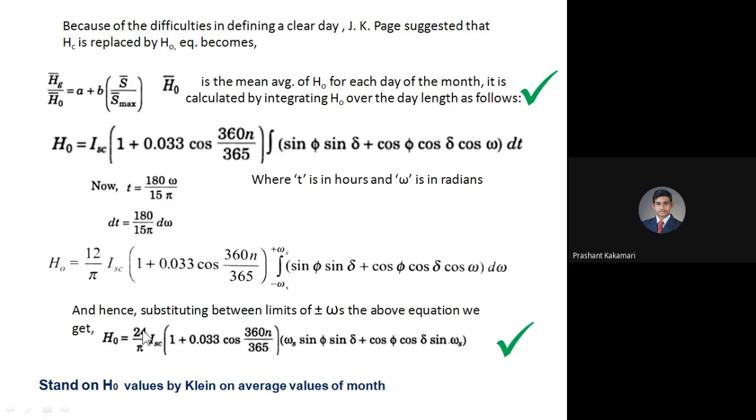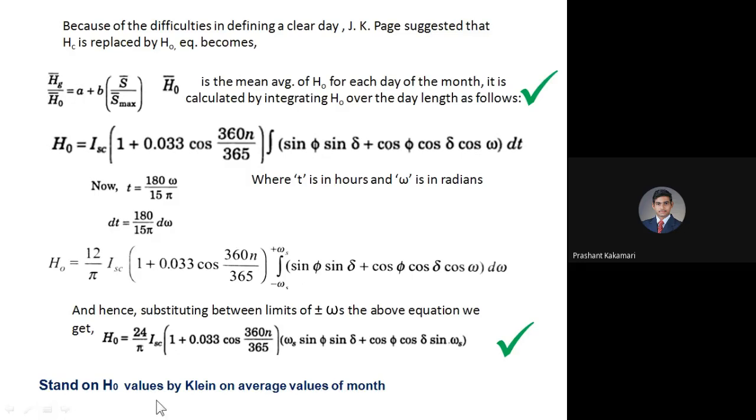The solar radiation into 24 by pi you have to take, into the hour angle after integration. The hour angle after integration will be omega s into sin phi sin delta plus cos phi cos delta sin omega s. So these two equations we are using the majority of the time to find the values of global radiation averages in a given month.